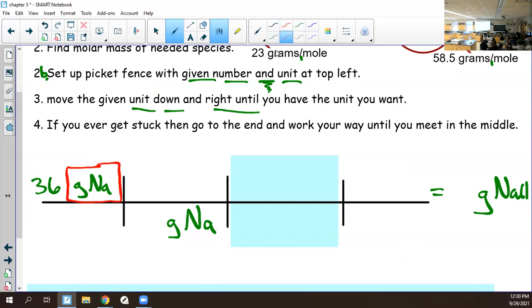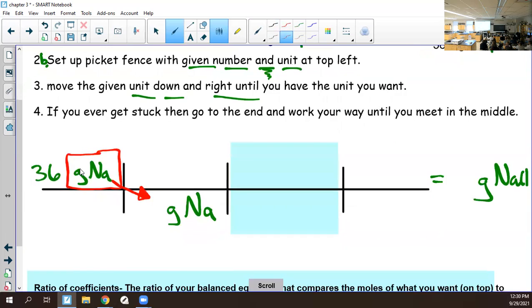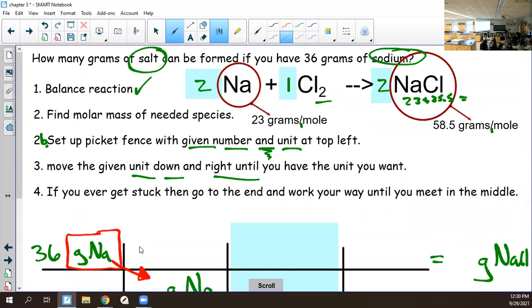Thank you. Okay, so looking right here, I have grams of Na. Is that grams of NaCl? No. So I move down and over until I get the unit I want. So here we go. Grams of Na is on the bottom. I know that because this always goes here. So I look up here. Do I have a ratio with grams of Na in it?